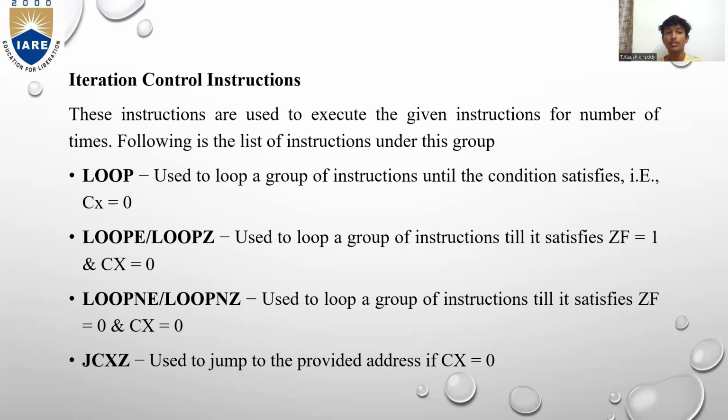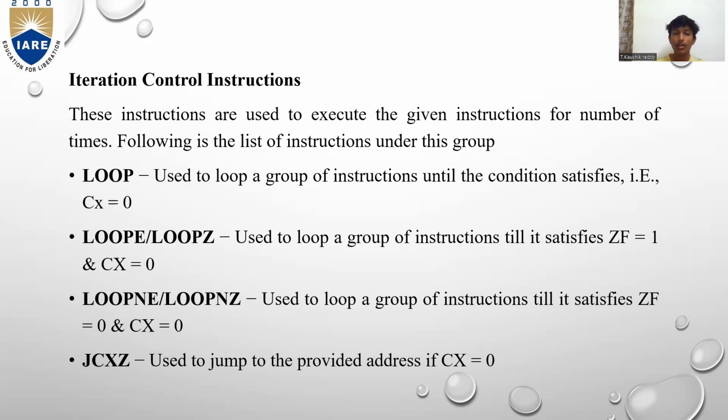LOOPE or LOOPZ loops while ZF is equal to 1 and CX is not 0. LOOPNE or LOOPNZ loops while ZF is equal to 0 and CX is not 0. JCXZ is used to jump to the provided address if CX is equal to 0.